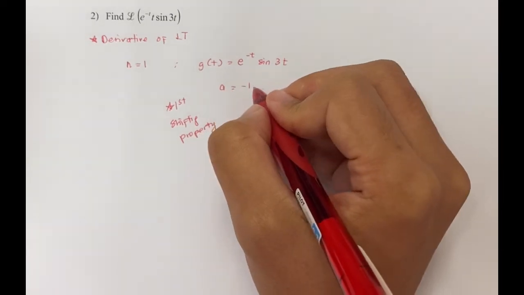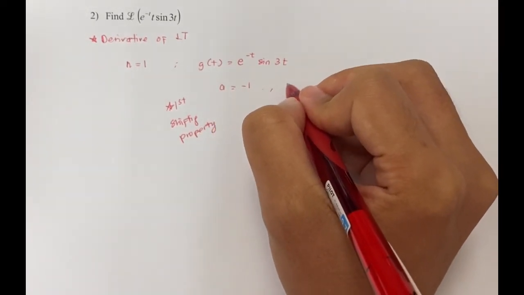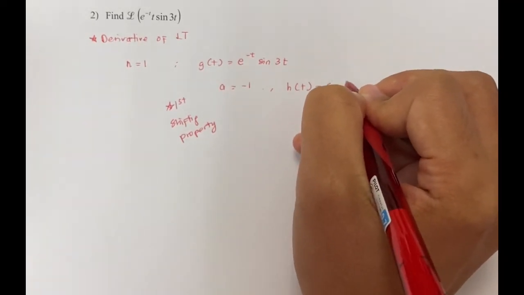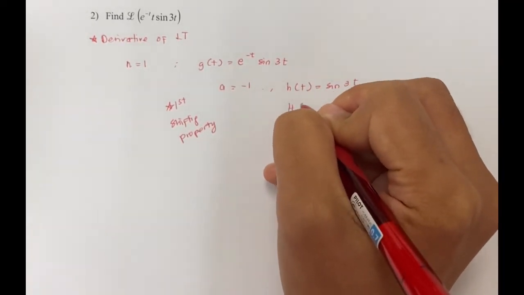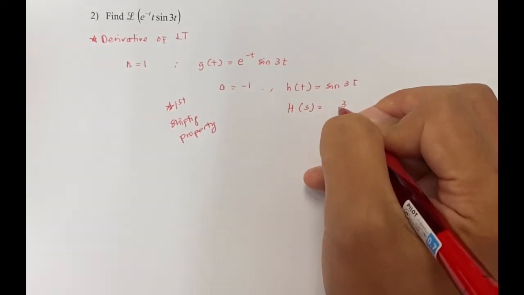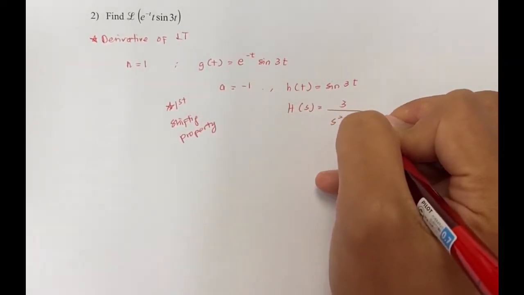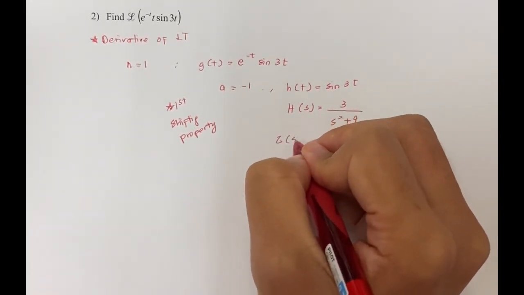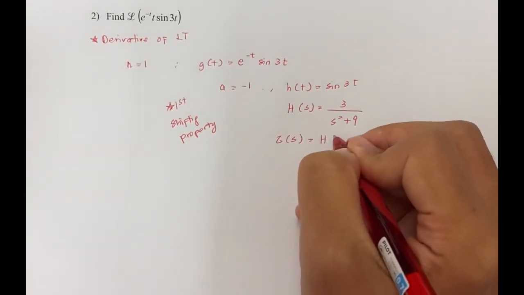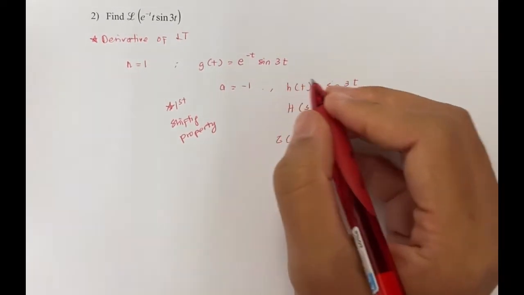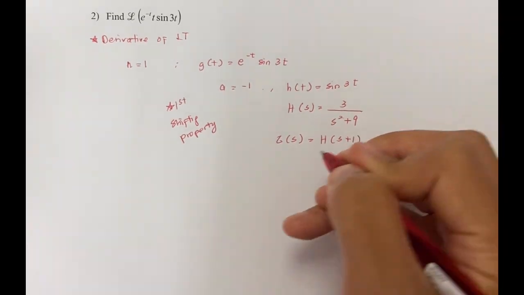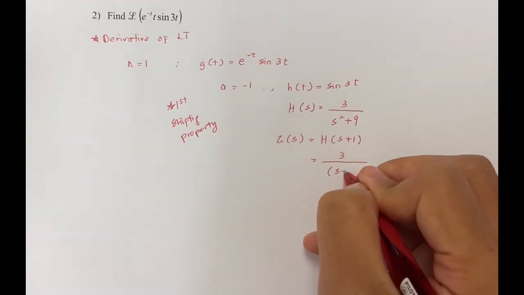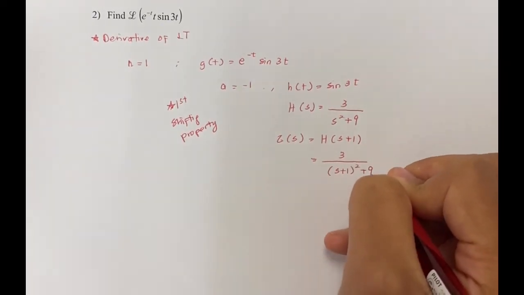So a is equal to negative 1 and let's say h(t) is equal to sine 3t. So h(s) is equal to 3 over s squared plus 9. Okay, I have my h(s), so my g(s) is equal to h(s minus a), so s plus 1, and this is equal to 3 divided by (s plus 1) squared plus 9.